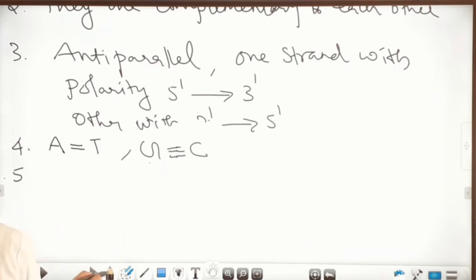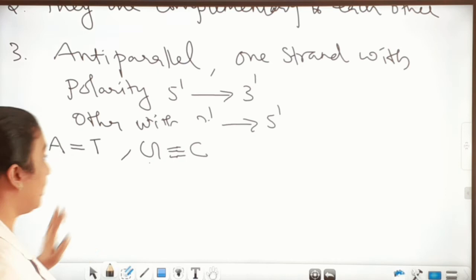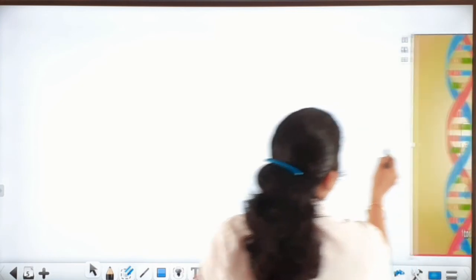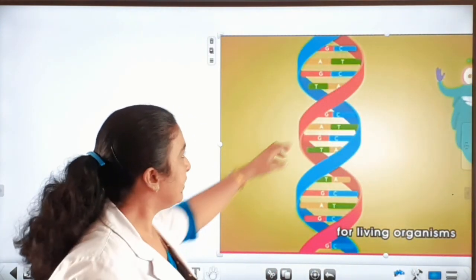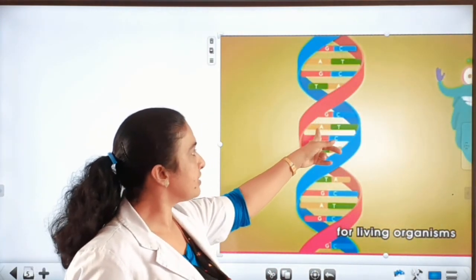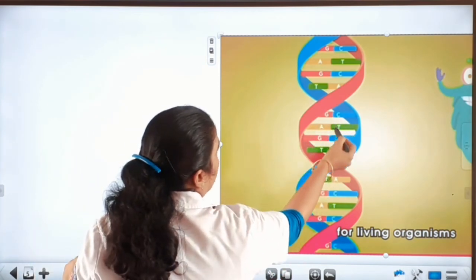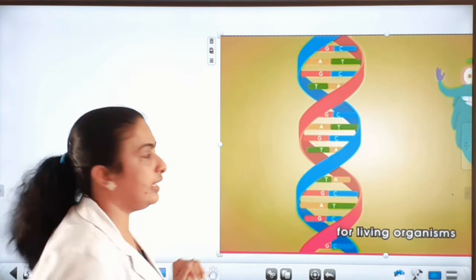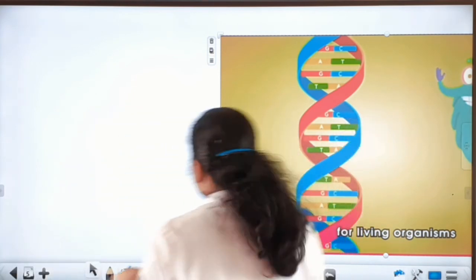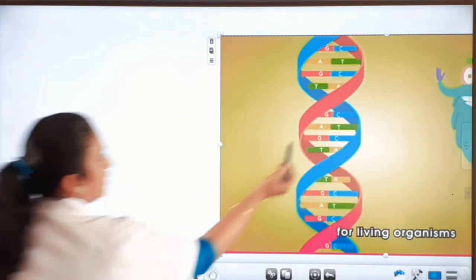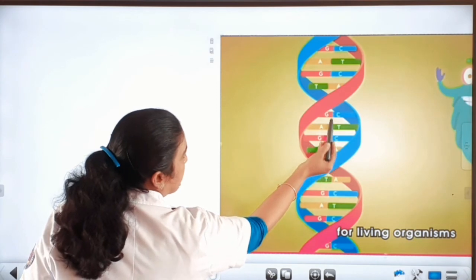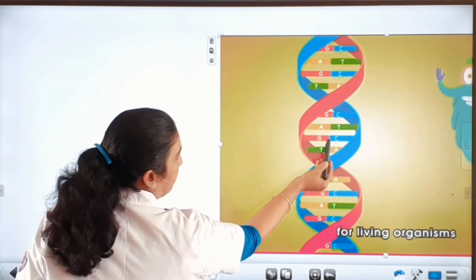And the next salient feature, the diameter. I will show you. So here we can see the nitrogen bases guanine, cytosine, adenine, thymine, etc. So the distance between two base pairs is 0.34 nanometer. Here we can see this is one base pair, another base pair, next base pair.